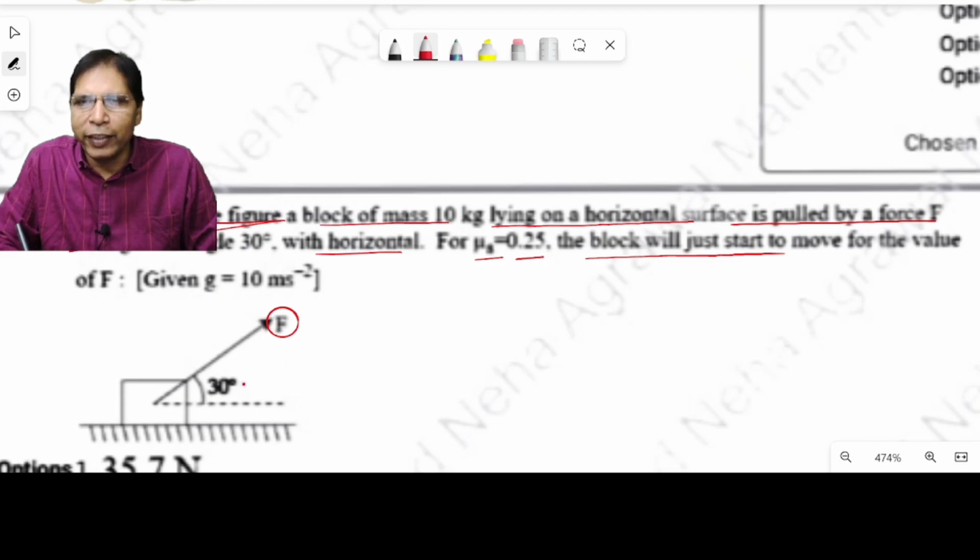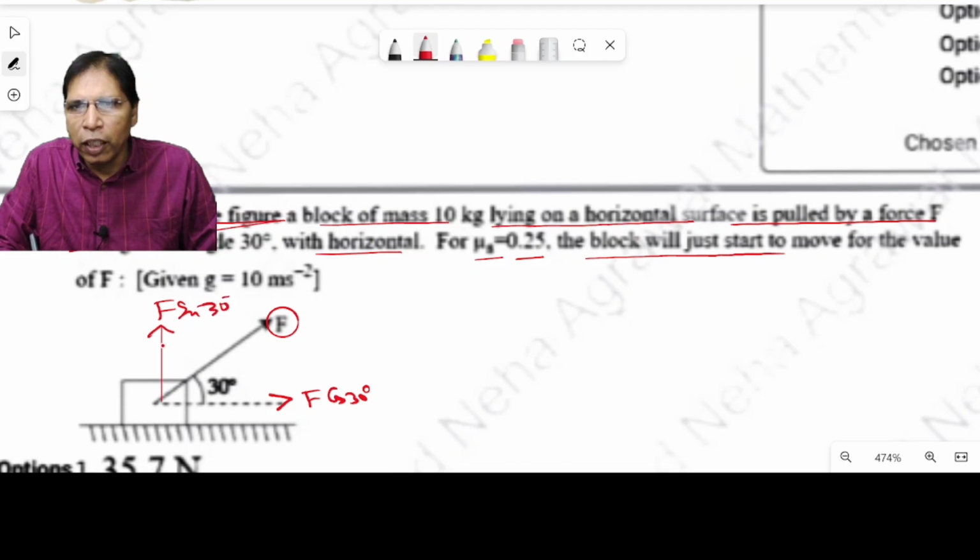Now the force F acting along this direction gives F cos 30 degrees. In the vertical direction the force is F sin 30 degrees. Now normal reaction N acts upward and mg acts vertically downward.